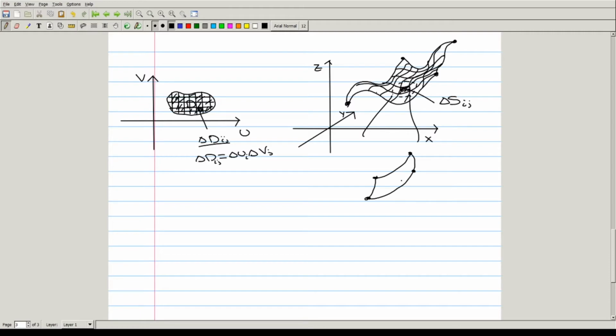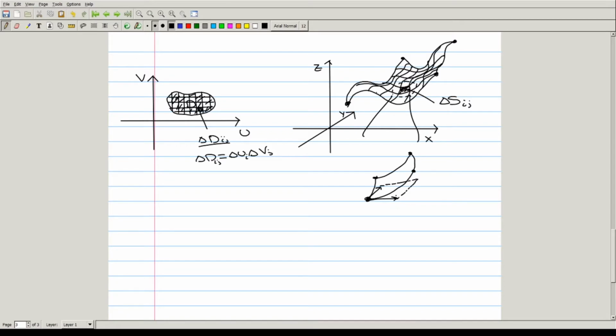But if we go small enough with our partition, we will be able to approximate this. If I have a tangent vector in this direction and a tangent vector in this direction at this point, then the parallelogram in 3D that's spanned by these two vectors is an approximation to this delta Sij.